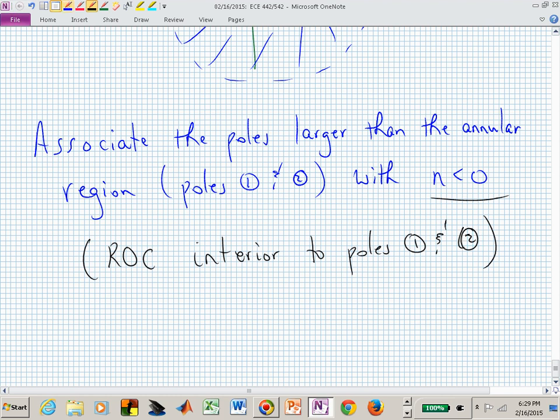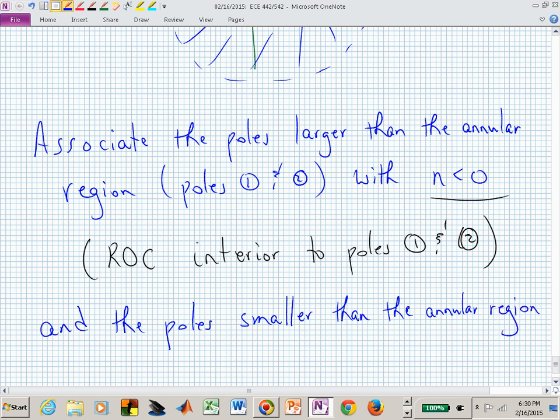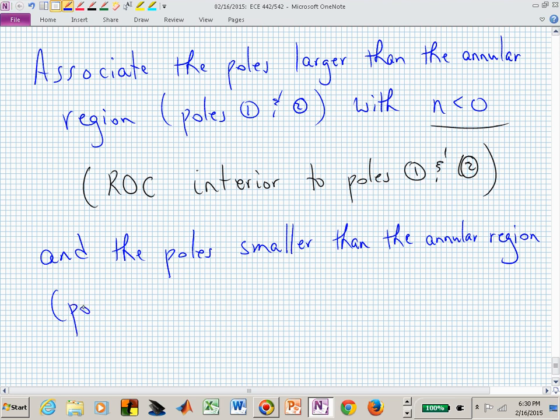Likewise, the poles smaller than the annular region, which are poles 3 and 4.